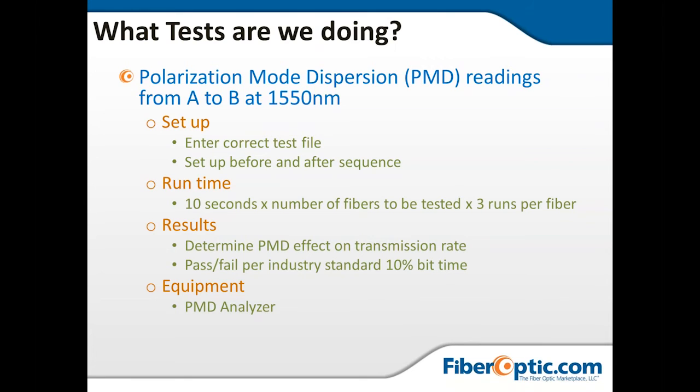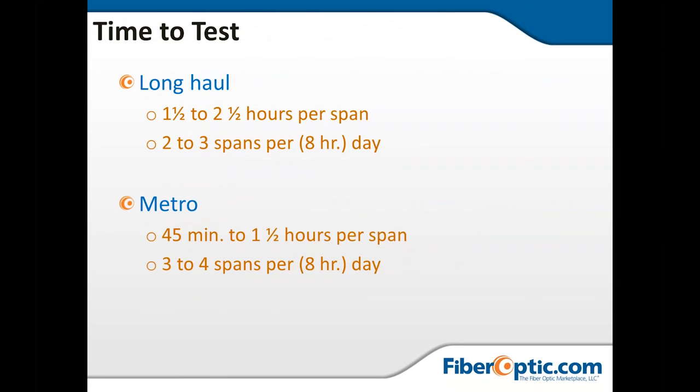And typically the CD and the PMD analyzers plug into a modular OTDR platform. But sometimes they're so big that you end up swapping modules. So in the entire test, you've got time between tests with additional setup. So the time to test, how long is it going to take me to do this test?